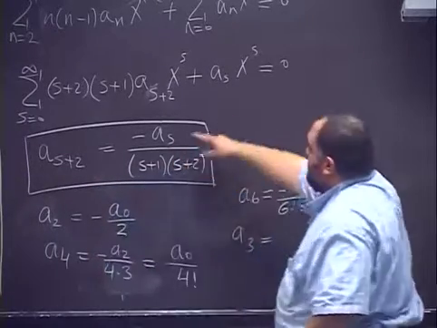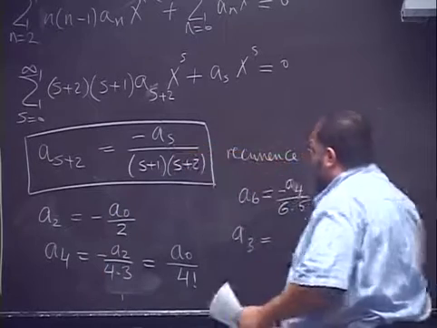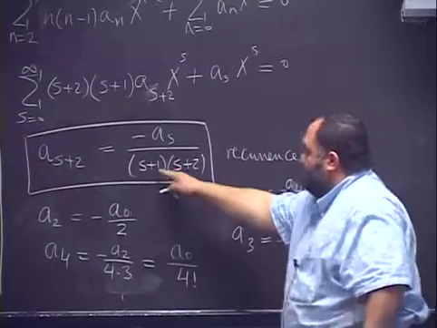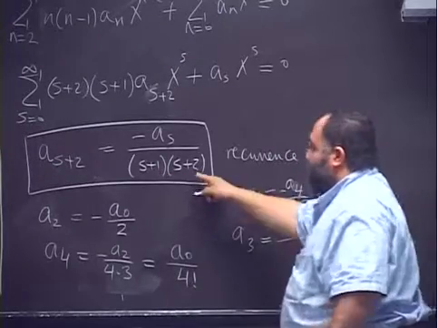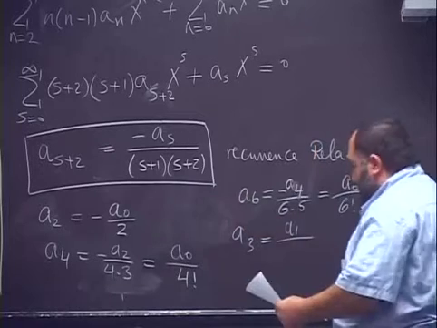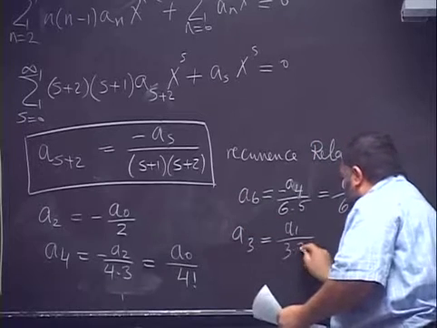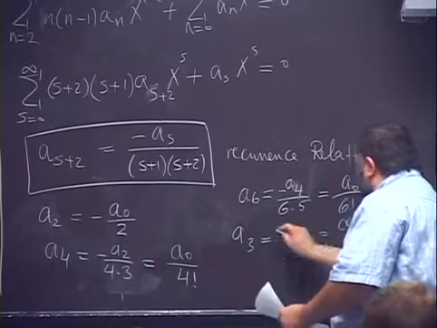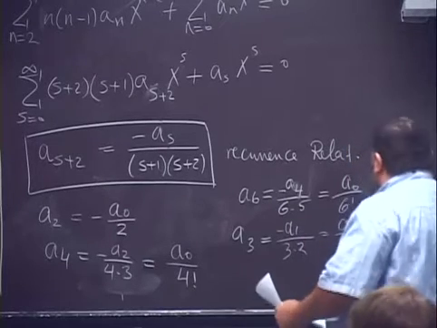A3 will be, S will be 1. So 1 plus 1 is 2, and 1 plus 2 is 3. So this will give you 3 multiplied by 2. So this is minus A1 divided by factorial of 3.